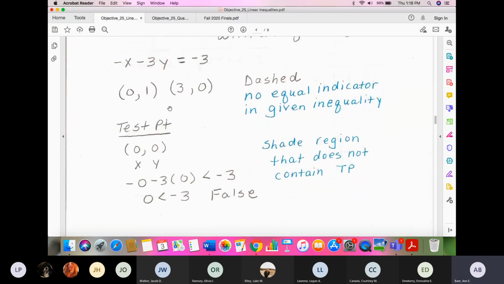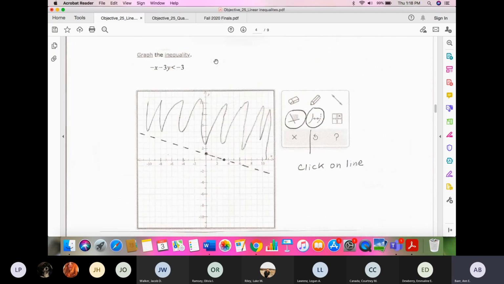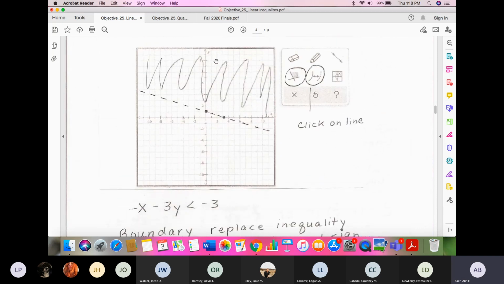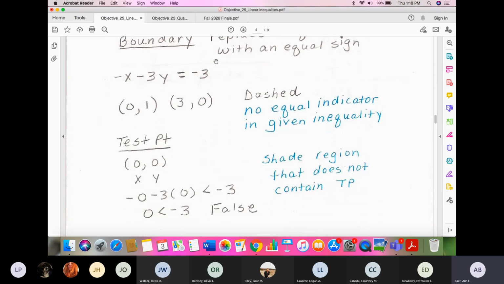And we're going to test in the original inequality, which is right here. Let me just make sure of that. -x minus 3y, and that would be less than -3. So here's our original inequality right here.